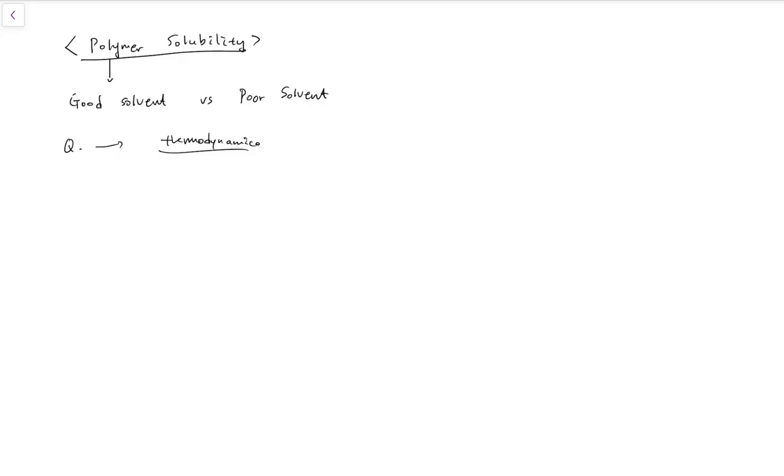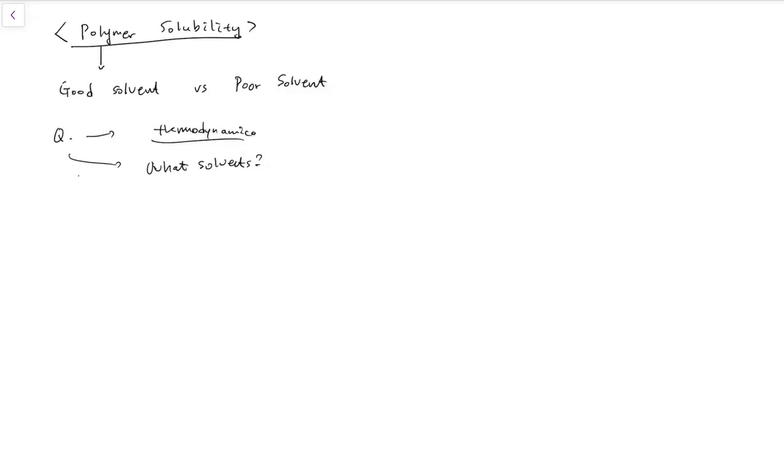All right. So there are several factors which should be considered in dealing with polymer solubility in a certain solution. First question: what solvent will dissolve which kind of polymers?